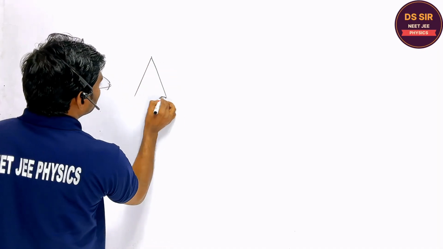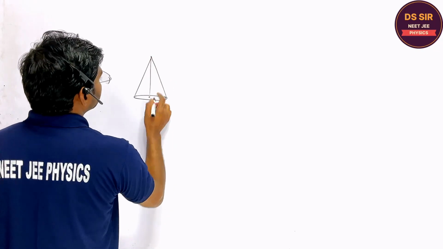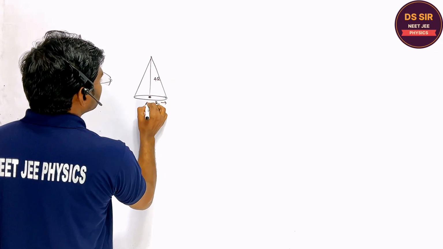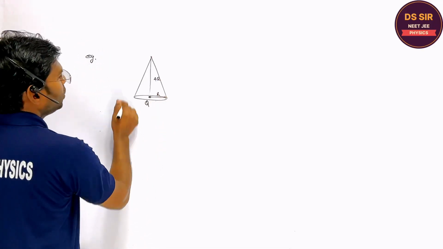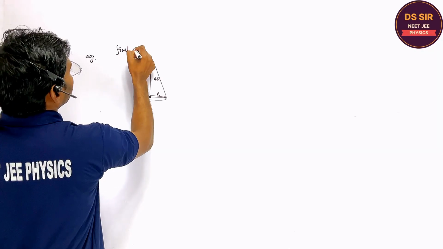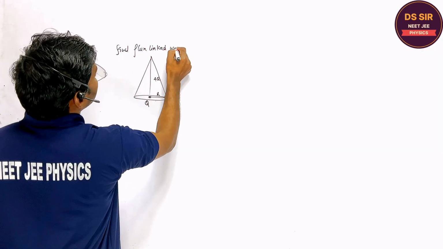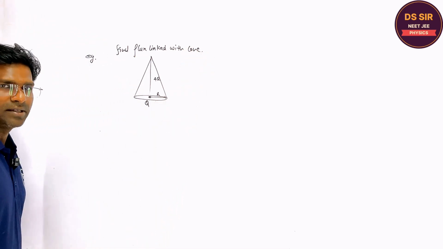Suppose this is a cone, the height of the cone is 4r and the radius is r, and the charge q is placed over there. Can you find the flux linked with this cone? Yes, any one of you can give the answer?